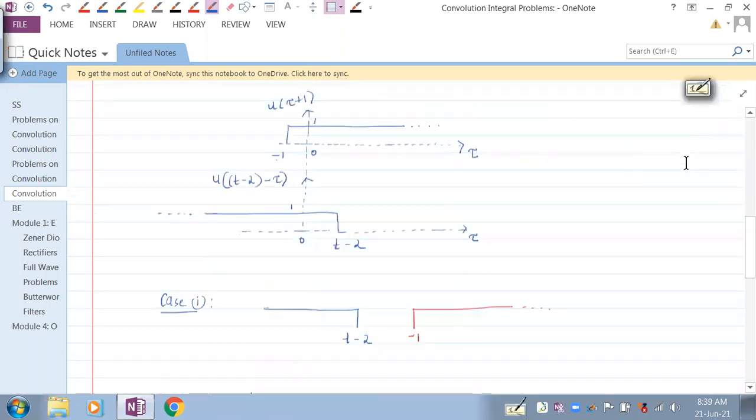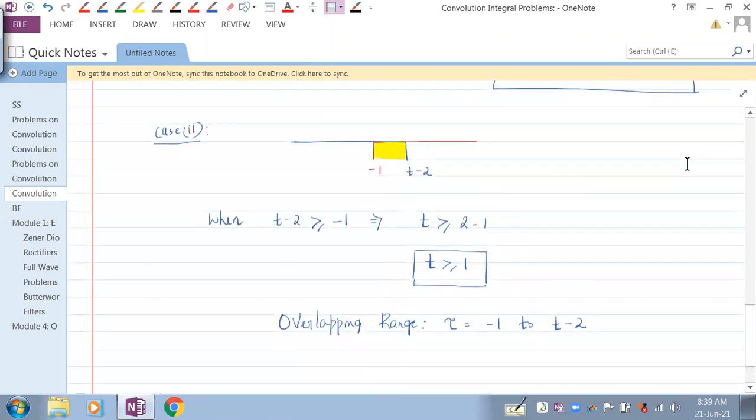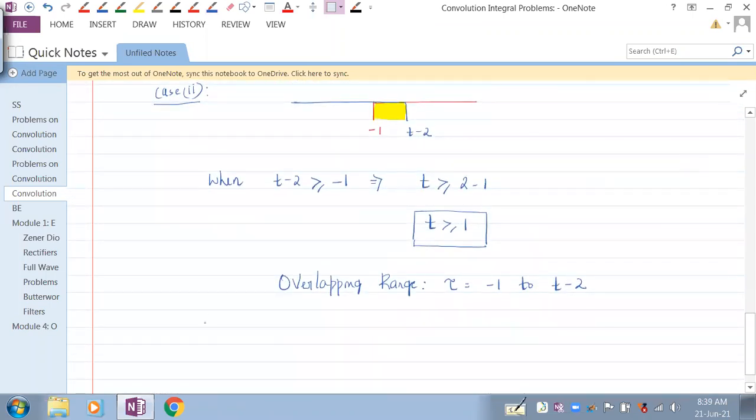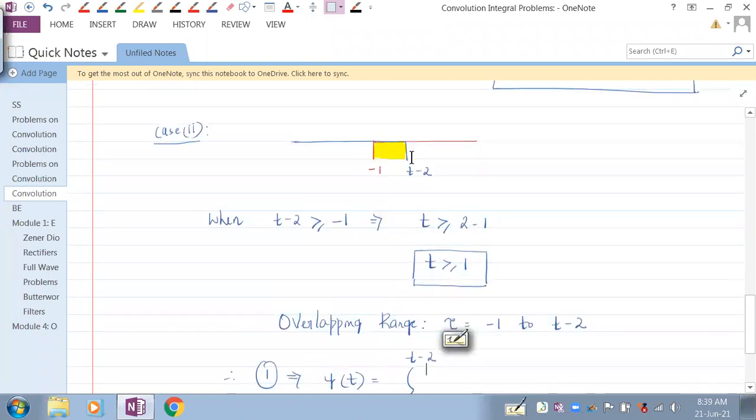We should write equation number 1 here and say, therefore, equation 1 implies y of t is the integration with tau ranging from -1 to t minus 2, the overlapping range.